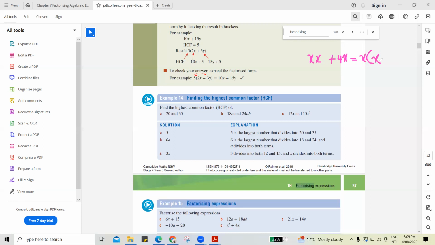X. Right? And this one, how to get it? What should be the number? If you multiply this number, you have to get 4x. X times 4. Because x times 4 is 4x. Right?